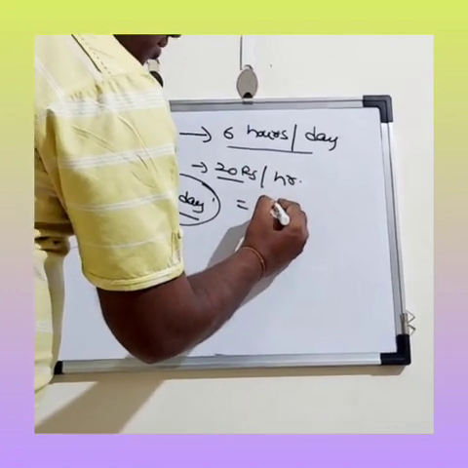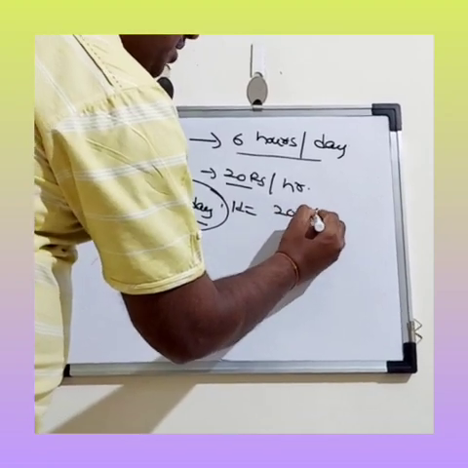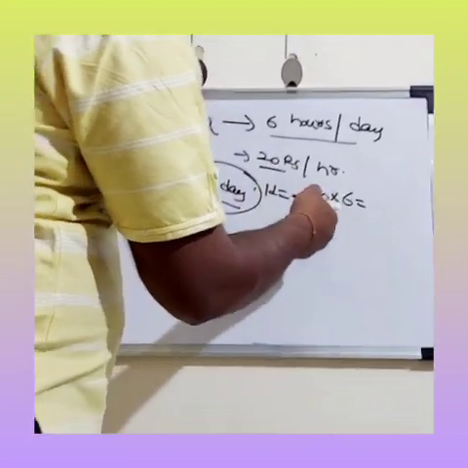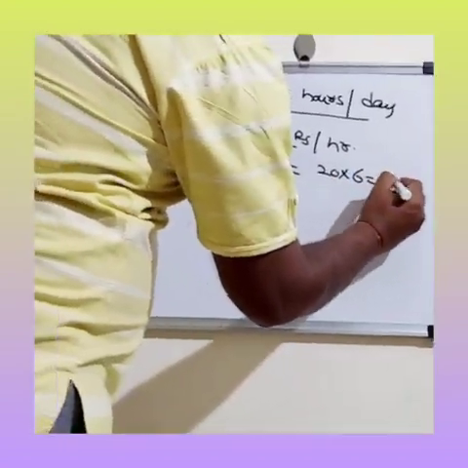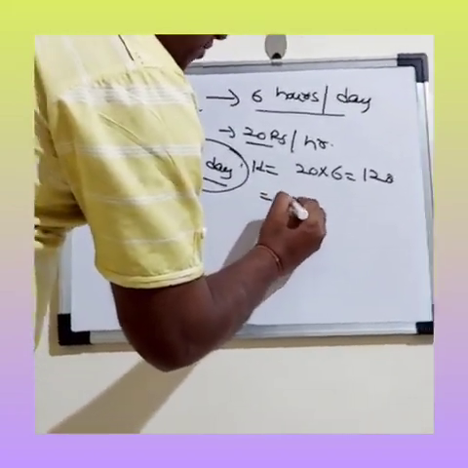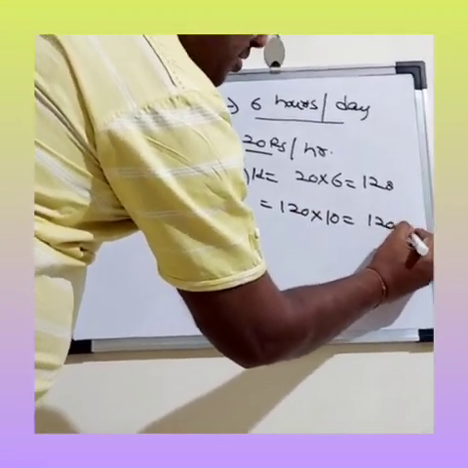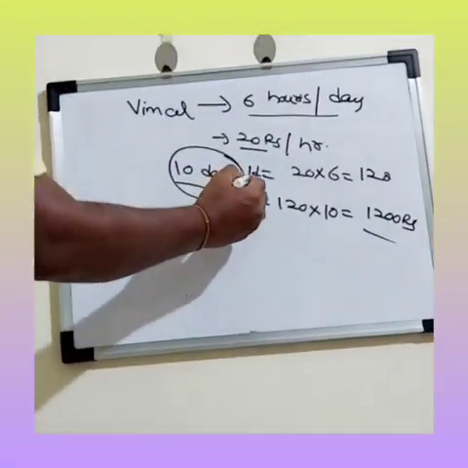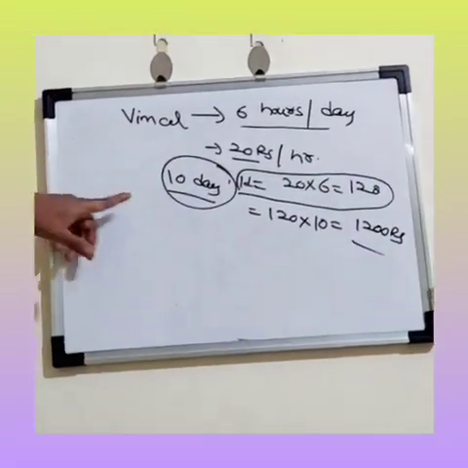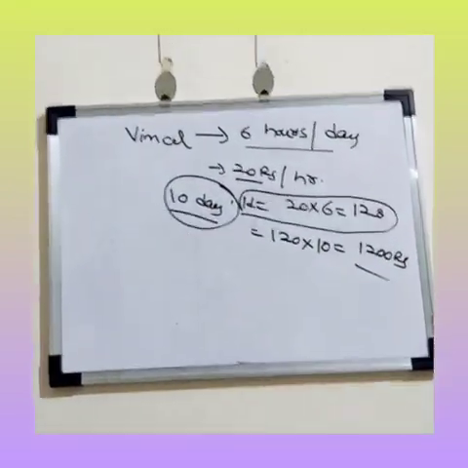So per day it will be 20 multiplied by 6, because he works 6 hours at 20 rupees per hour. 20 sixes are 120 rupees. But he worked for 10 days, so it will be 120 multiplied by 10, which gives 1200 rupees. So we found how much Vimal gets for 1 day, then multiplied by the 10 days he worked. This is the way you need to apply the logic.